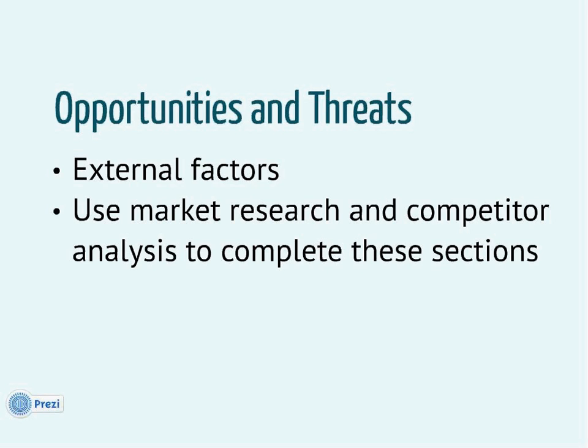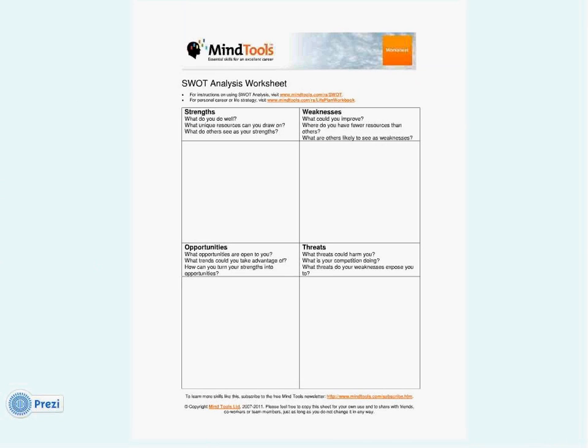This is a worksheet of sorts from Mind Tools that has the quadrant of strengths, weaknesses, opportunities, and threats, and also gives you a few questions to ask yourself to help flesh out these sections if they're not familiar to you. So just for an example, this is a SWOT analysis that I created of dark chocolate, something I really love, but it still has strengths, weaknesses, opportunities, and threats, just like anything does.